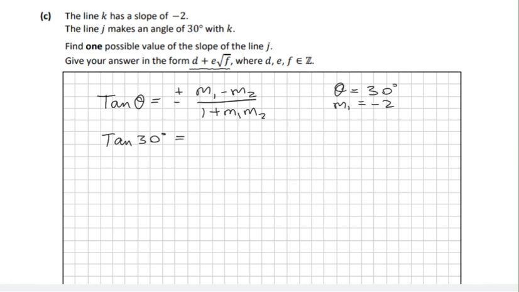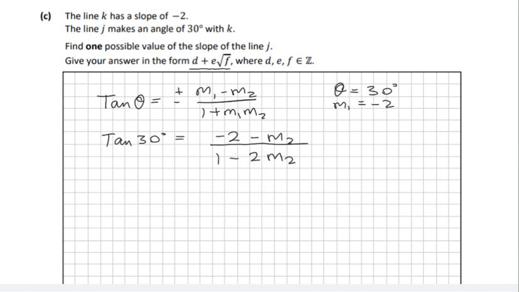So tan of 30 is equal to plus or minus. So let's omit that for our workings at the moment, and let's concentrate on our workings. So we'll have 1 minus, plus 2, minus plus by minus 2 is a minus 2 m2.